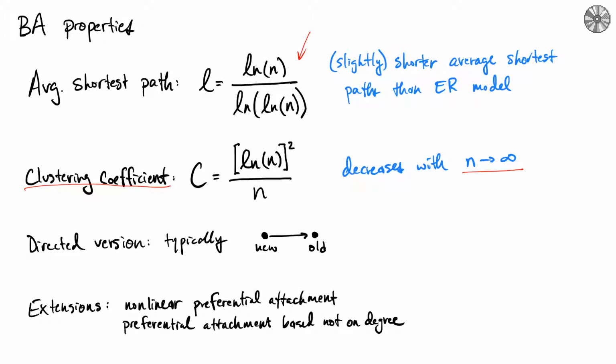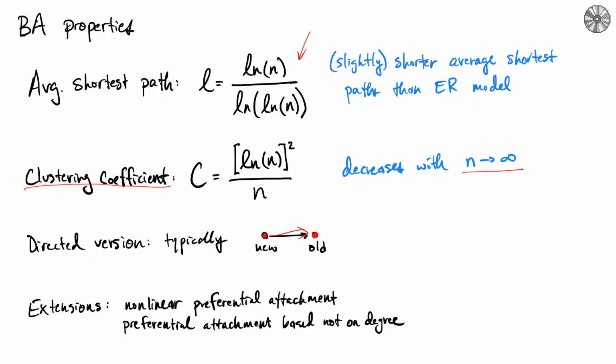There can be a directed version, and typically we denote the edge from the new node to the old node. So some new student is coming into a class, and based on the existing population, the popular ones are going to probabilistically get an edge. This edge would denote the new node, the new student, pointing friendship towards the old, existing student.